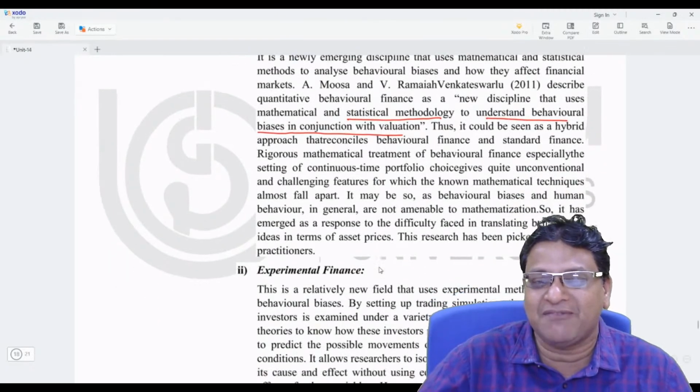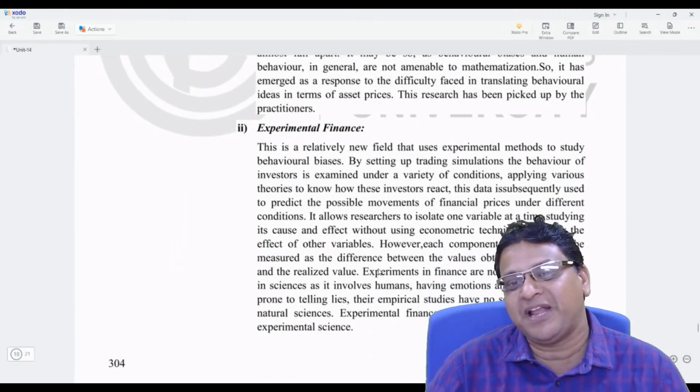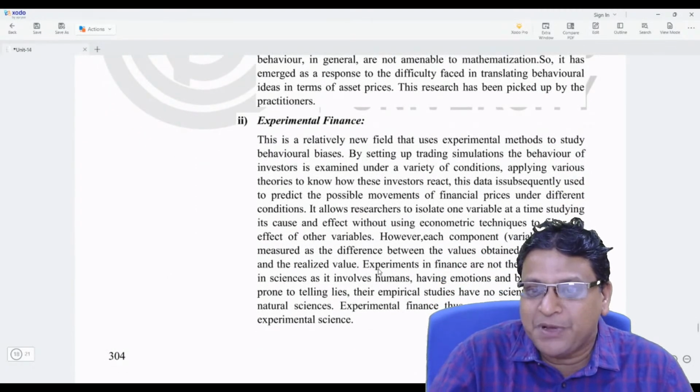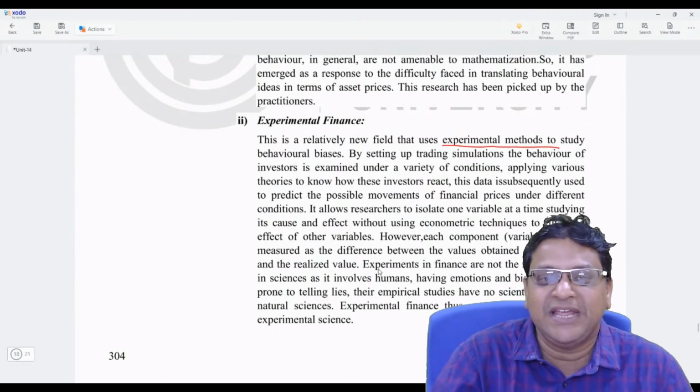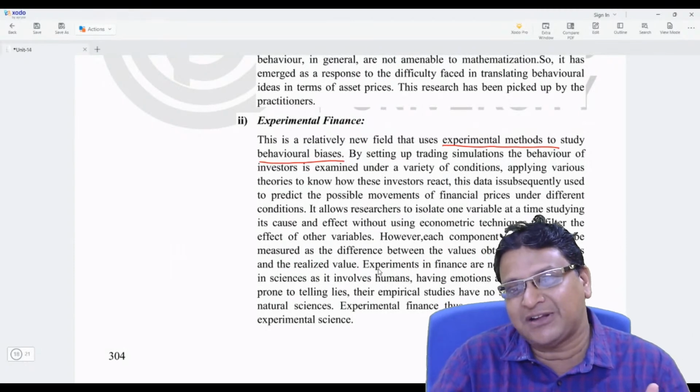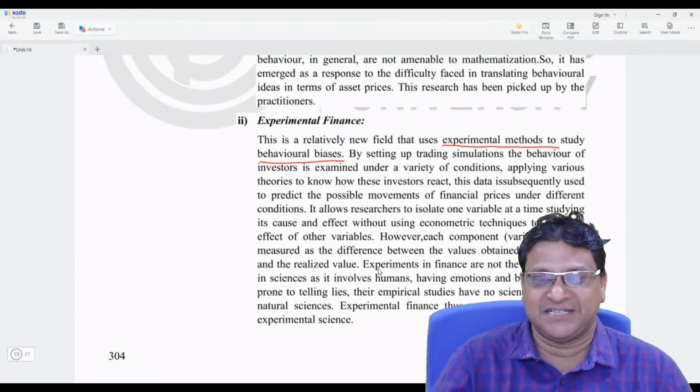That is known as quantitative behavioral finance. Next, experimental finance. What is experimental finance? It's a new field which uses experimental methods to study behavioral biases. Here, the investigator conducts experiments.